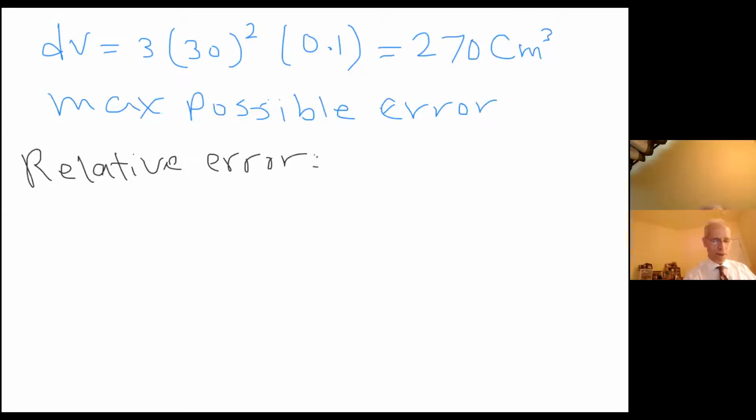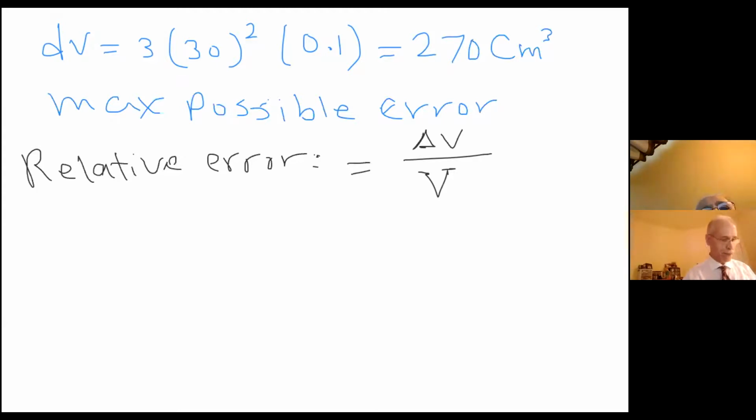Relative error is the ratio of the change, or delta V, the change of volume, divided by the theoretical volume, as if we lived in a perfect world. So the delta V divided by V will give us the relative error.